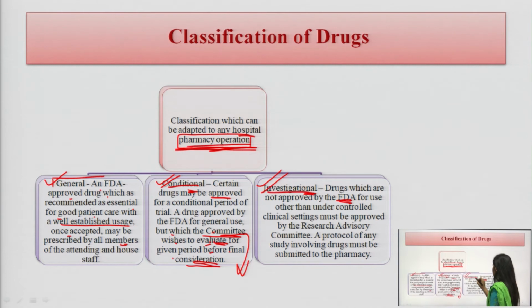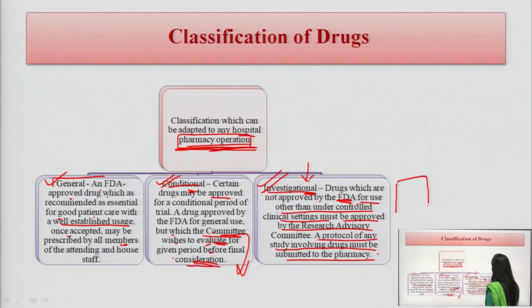In investigational, it is not approved by the FDA for use other than under controlled clinical settings, and must be approved by the research advisory committee, and for that a protocol of any study involving the drug must be submitted to the pharmacy. So if we want to test any new drug, there is a need of the protocol which is submitted to the pharmacy.